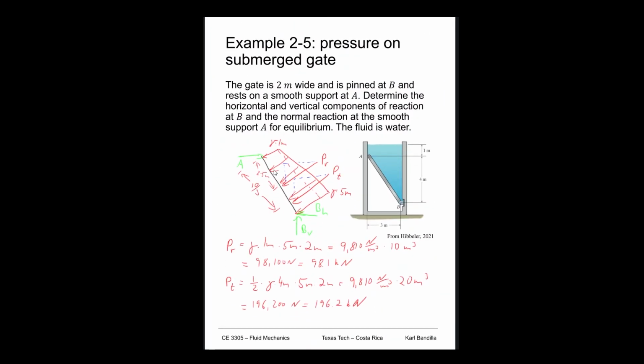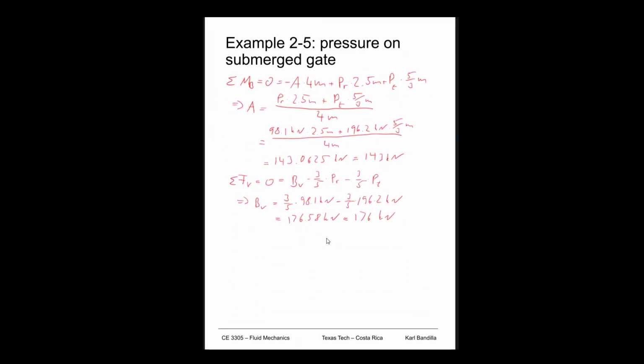That's the horizontal component. We have A, we have BH, and then the horizontal components of the two pressure resultants. So we can say the sum of forces in the horizontal direction is equal to 0, is equal to A minus BH minus 4/5 times PR minus 4/5 times PT.